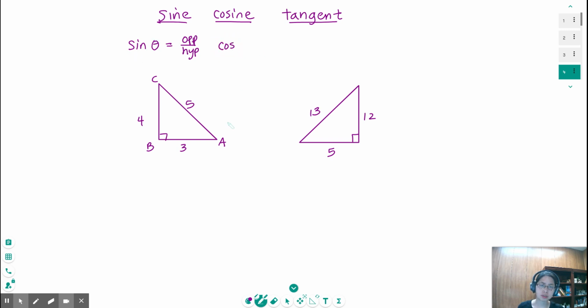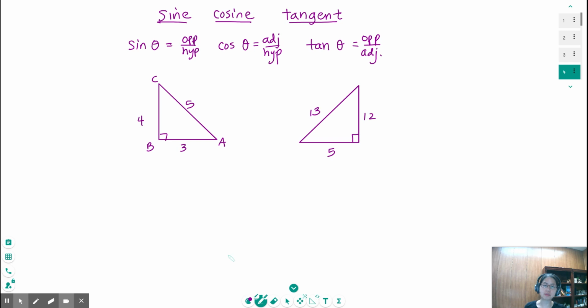Cosine, abbreviated as cos, is adjacent over hypotenuse. And tangent has an abbreviation tan, which is opposite over adjacent.